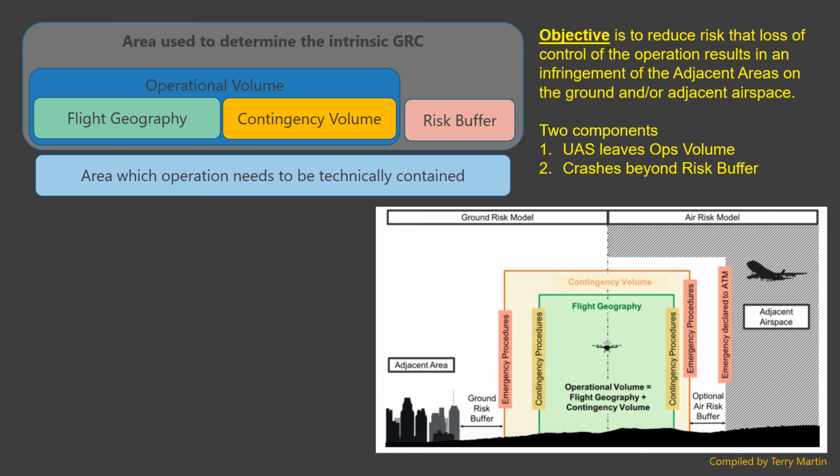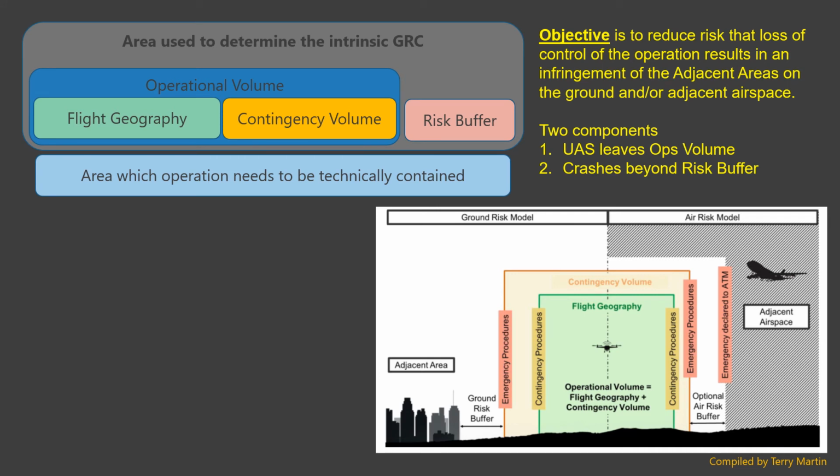To do so, I'll draw on the combination of the semantic model and differentiate between the area used to determine the intrinsic GRC and the concept of containment. And to elaborate, that requires viewer familiarity with what the difference between flight geography, contingency volume, operational volume and the adjacent area actually is.